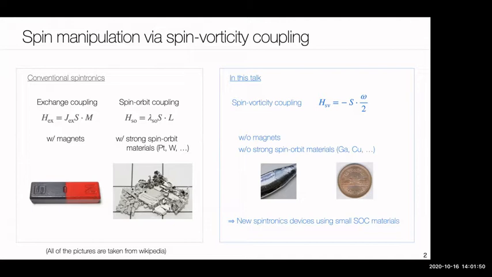But if you use the spin vorticity decoupling, we don't need any magnets or strong spin orbit materials. So this new mechanism gives rise to new spintronics devices using small spin orbit coupling materials. Okay, this is our idea.